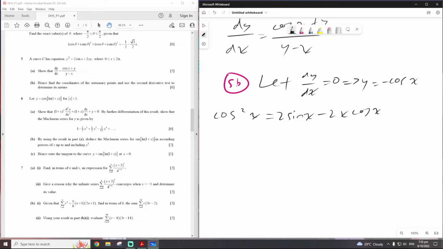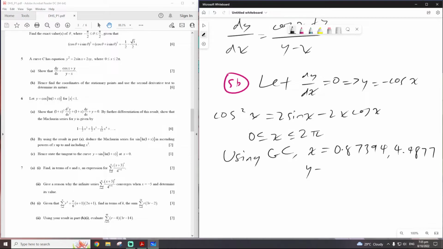Okay, and we're solving this for 0 to 2 pi. Of course you will realize that you can't really solve this algebraically. You will have to use your GC to help you with this. I've already done this question, so I happen to know that there are two values of x which will satisfy this, and they are 0.87394 and 4.4877, to 5 significant figures.